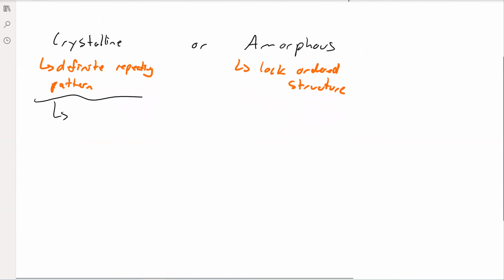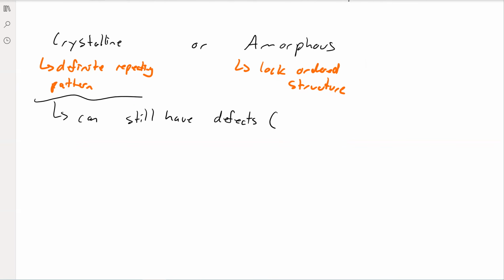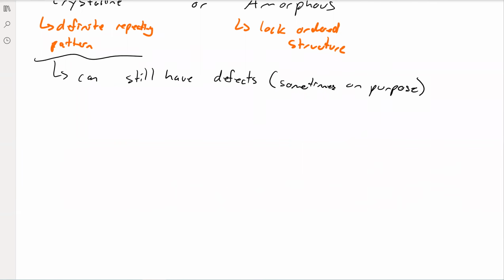Of course, these crystalline solids can still have defects. And sometimes we add these defects on purpose, because if we can control the atomic or the molecular structure of our compound, we can control its properties.